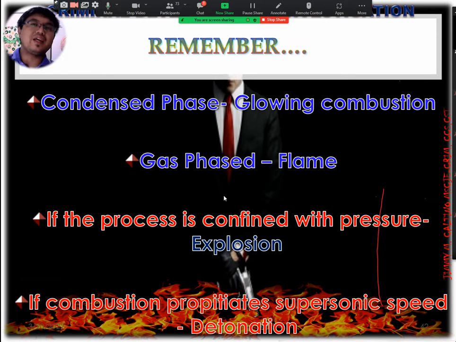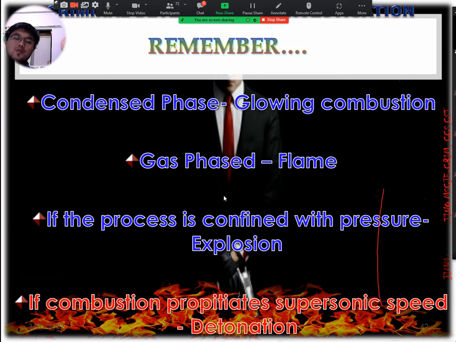Pag purong gas na yan, if they will ask you during the board examination, if what I am trying to burn already is pure gas, okay, so it will be flame. I can see or I can visualize flames. Okay, so pag yung pagsunog mo ng isang bagay ay may kasamang pressure, there will be explosion.